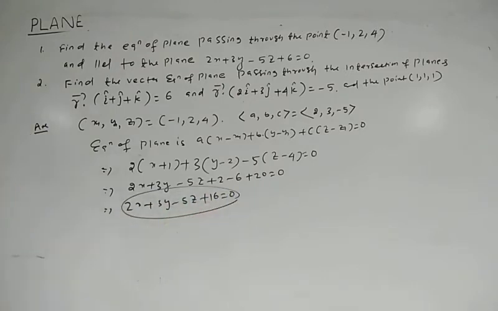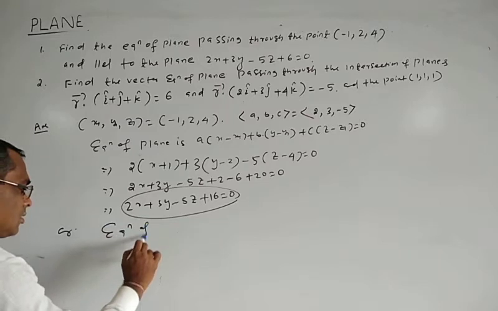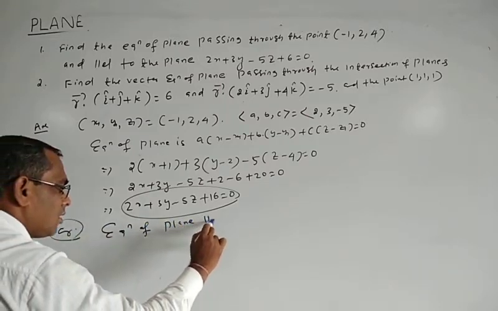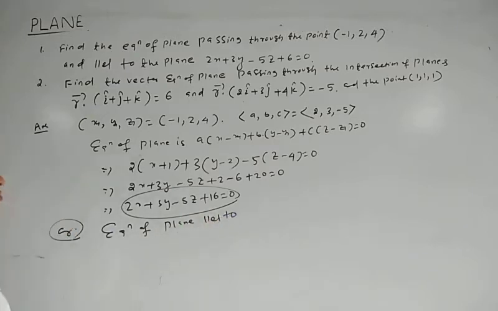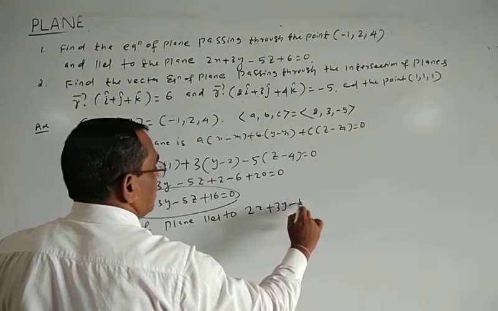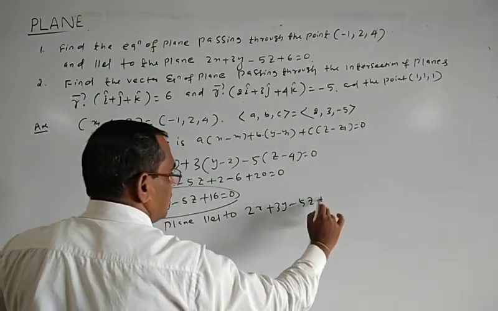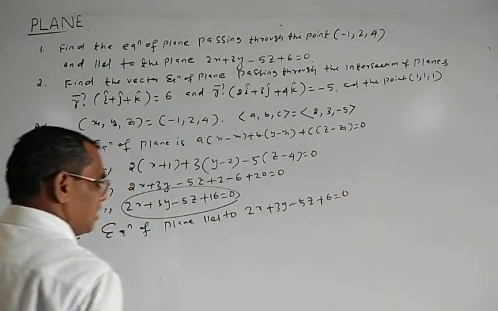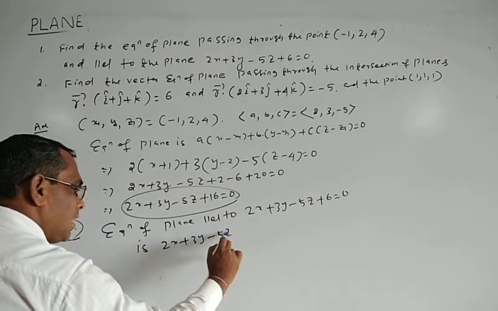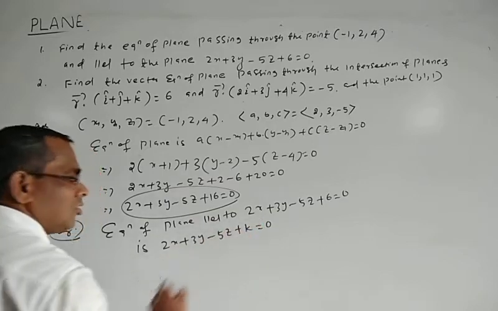Okay. Or another method: the equation of a plane parallel to 2x plus 3y minus 5z plus 6 is equal to 0 is 2x plus 3y minus 5z plus k is equal to 0.